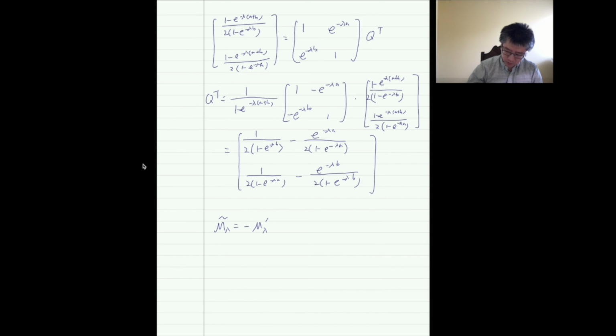Then we can see that this is nothing but 0, e to the negative lambda a, b e to the negative lambda b, and 0. With that said, we can compute the distortion d. The distortion d equals pi lambda m lambda tilde times qt. So now we know each of them.